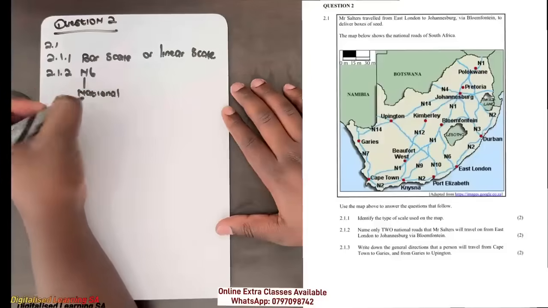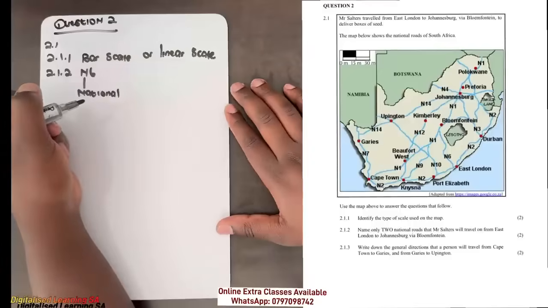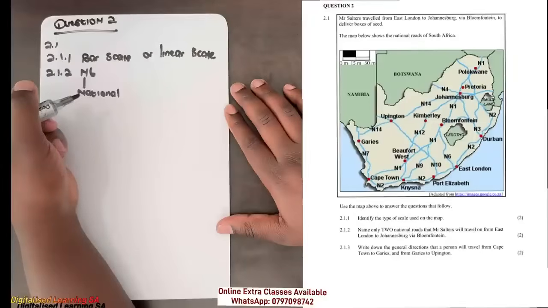That's why it's a national road. So it's N6 from East London to Bloemfontein. But just before getting to Bloemfontein, he found an on-ramp and joined the N1. So you can see that before he reaches Bloemfontein, he joined another road, which is the N1.